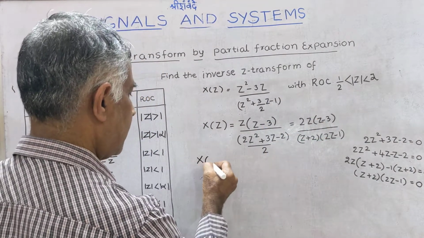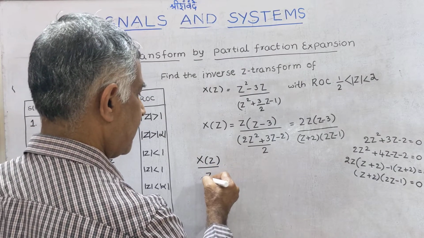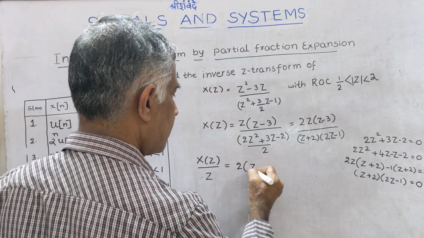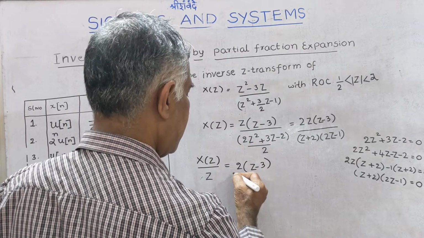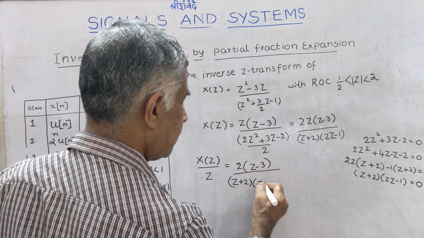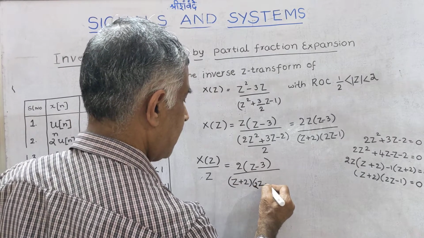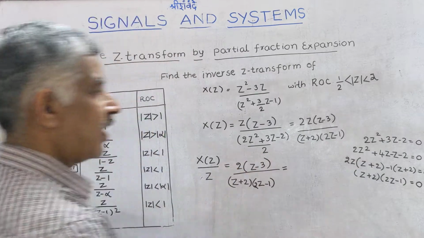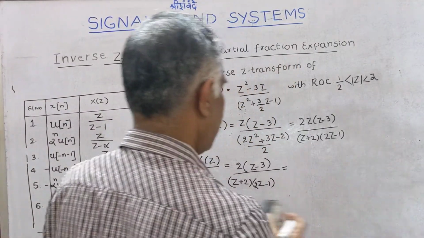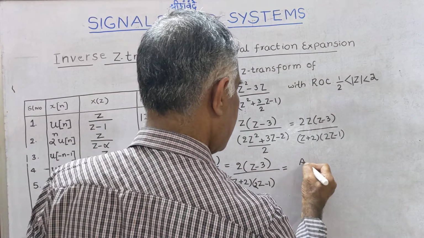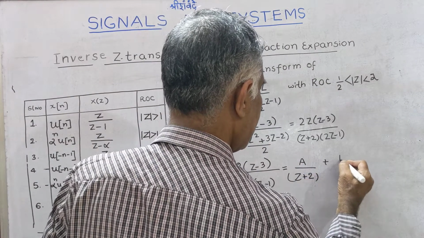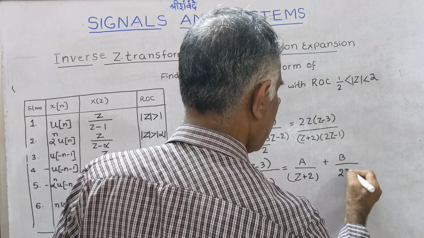Now take X of Z by Z is equal to 2 into (Z minus 3) divided by (Z plus 2) into (2Z minus 1), and expanding using partial fractions we get A by (Z plus 2) plus B by (2Z minus 1).